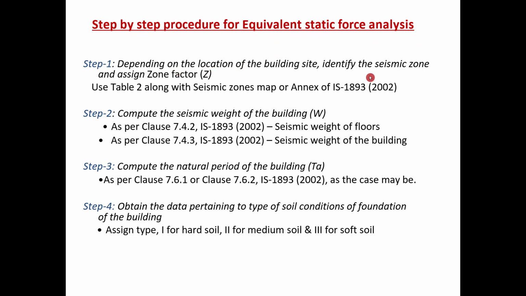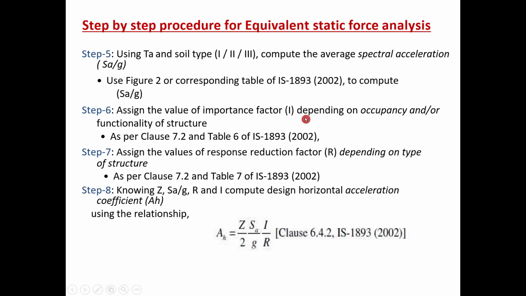Depending on the location of the building site, identify the seismic zone and seismic zone factor Z, and we can find the zone factors for different zones. Compute the seismic weight of the building as per the IS 1893 2002 as old code. We have 2016 now.